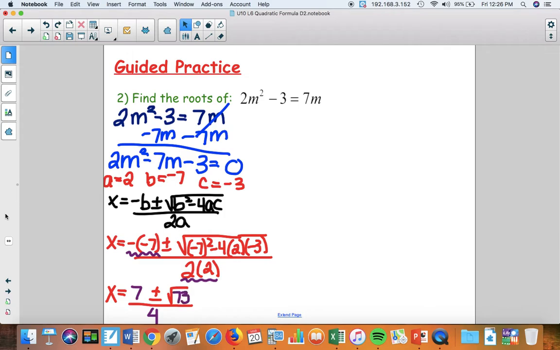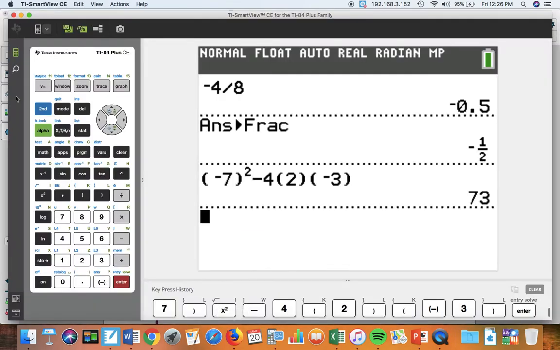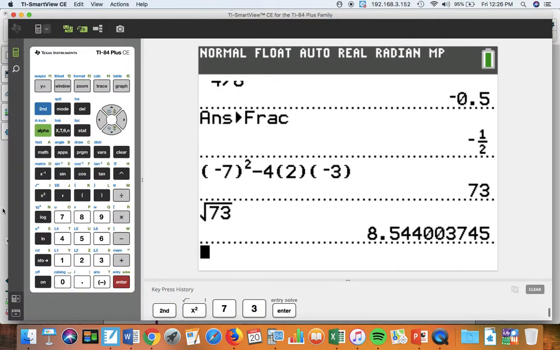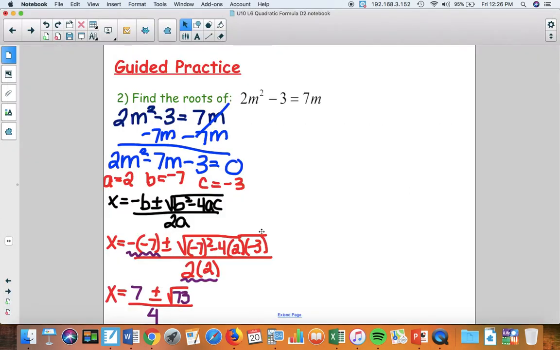Notice I did not type the radical in my calculator. Now, let's see if radical 73 is a perfect square. So square root of 73, it is not. So we have to see if we can simplify it. So let's try to simplify the square root of 73, okay?